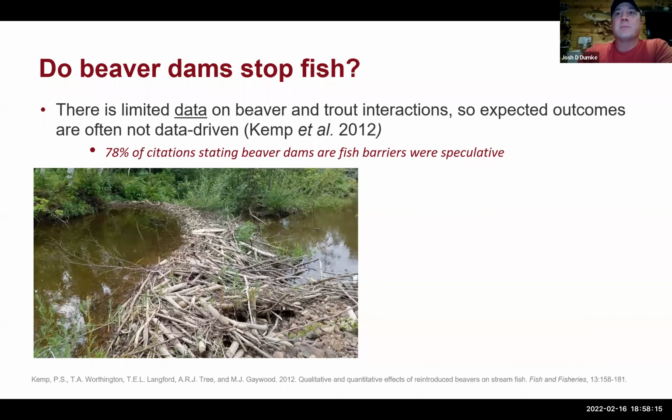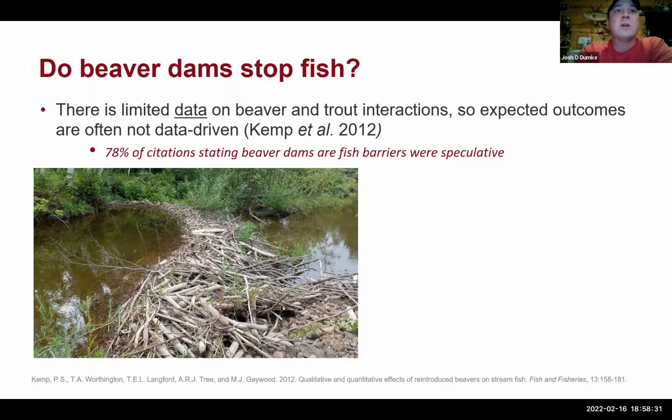So I'm going to talk about the movement around dams. When we were starting this study, we were doing some literature review and found that there's really limited data on beaver and trout interactions. So the expected outcomes are often not data driven.